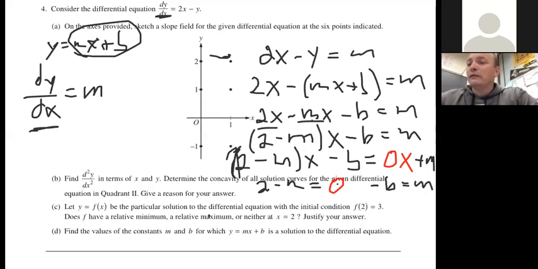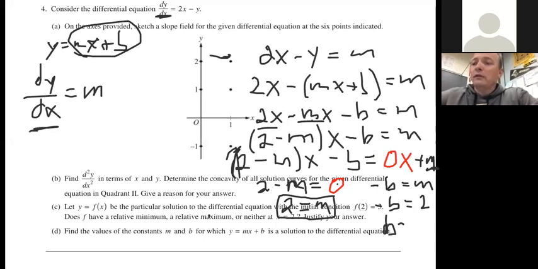This m part over here and that negative b there have to be equal. So if we take this 2 minus m equals 0 and add the m over to the other side, that means that m equals 2. And then we can plug that 2 in for this m and get that b has to equal negative 2. And there's your m and b to make those equal.